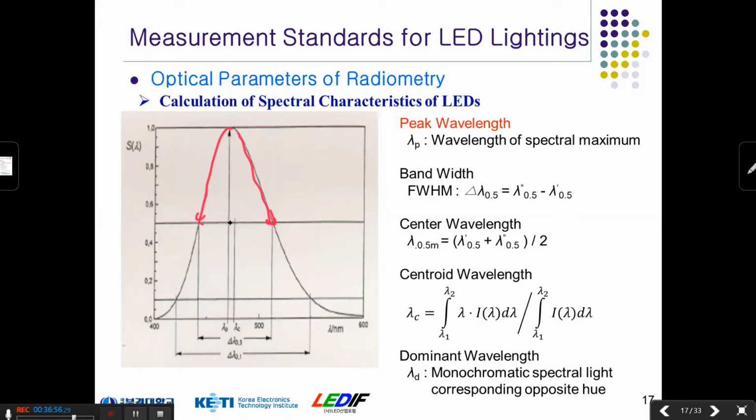That is, full width at half maximum bandwidth. Center wavelength is the arithmetic mean of the two wavelengths, like this. Centroid wavelength is the weighted mean of the spectrum of the LED, like this. Dominant wavelengths will be explained later.